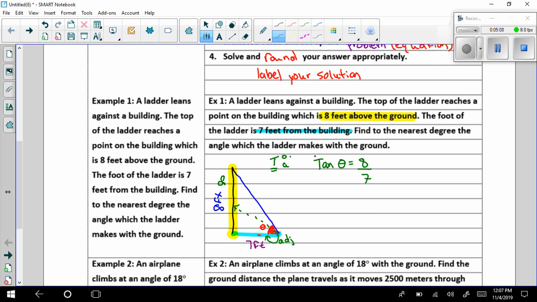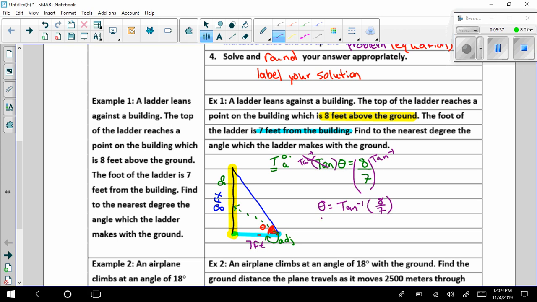Remember, to solve for this, we're then going to take the inverse tangent of both sides so that those cancel, and we have theta is equal to the inverse tangent of 8 over 7. Let me type that in our calculator.